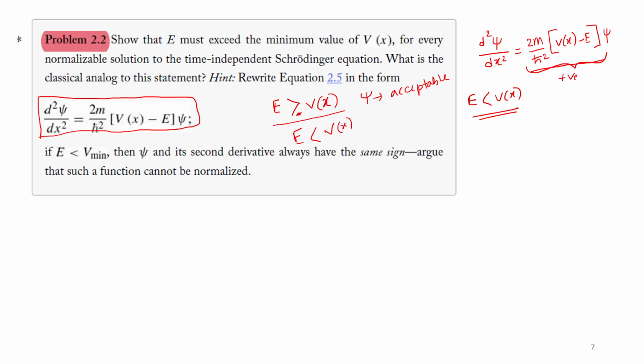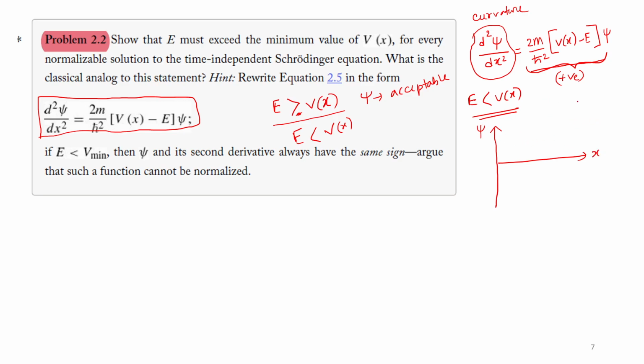Okay. Now, you tell me one more thing: what is the double derivative of a function? Curvature, right? So now see, when this is positive, suppose I am plotting something. This is my psi on the y axis, and this is the x.